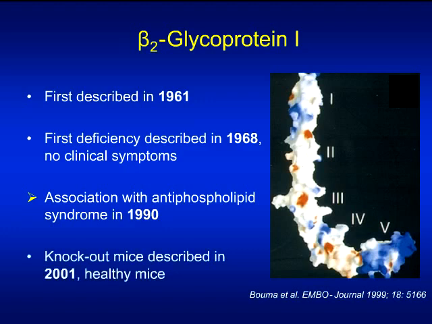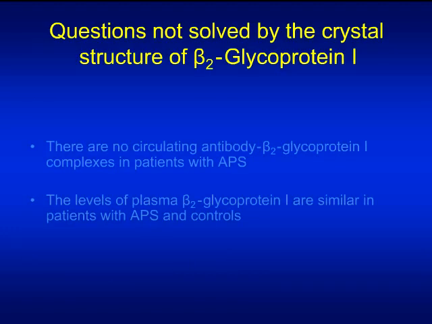And in 2001, a knockout mouse was described, and these knockout mice were completely healthy. After this first publication about these mice, no other publications have appeared suggesting that these mice are not really healthy. So what about beta-2-glycoprotein 1? We have solved the crystal structure, but there was one big problem.